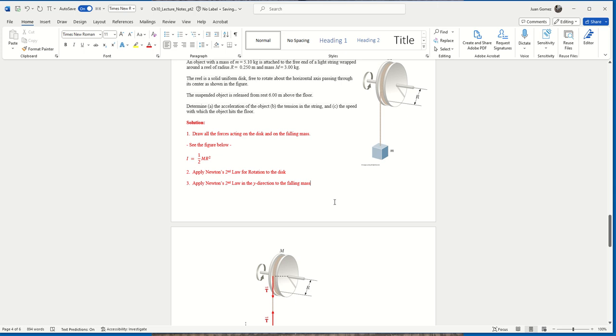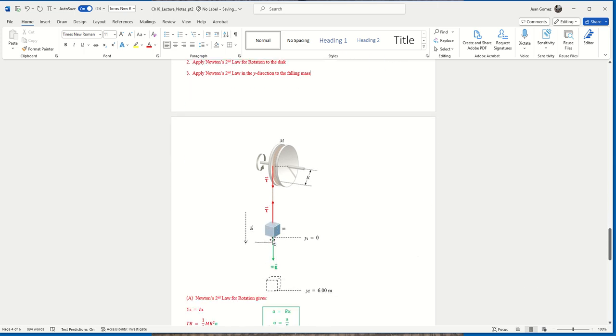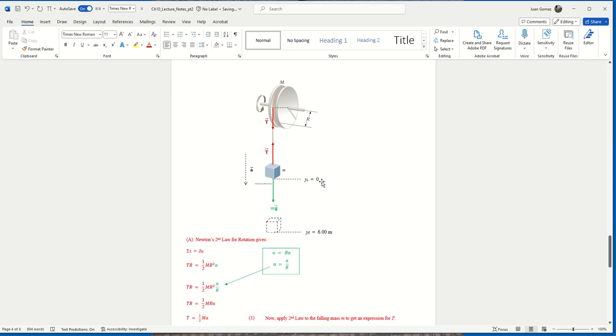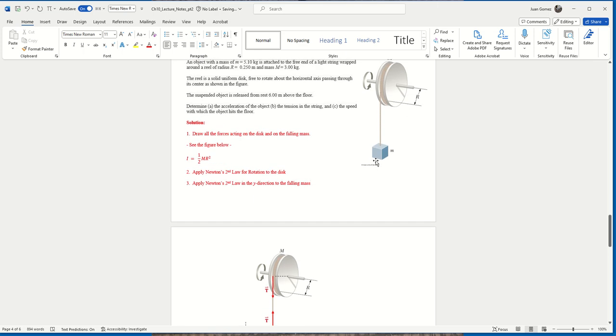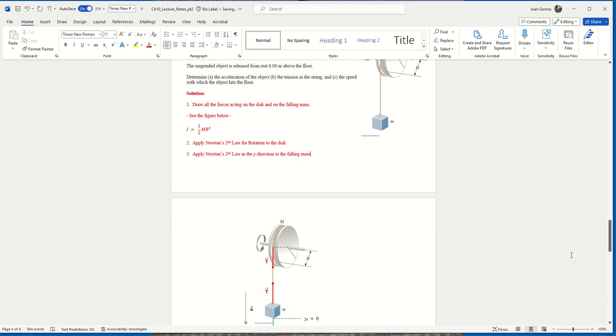Let me go ahead and draw all the forces acting on the disk and all the forces acting on the falling mass. Let me do the falling mass first. It's attached to a string, so there's going to be the tension force. Remember, it's away from the object along the string. That's going to be T. And there's its weight, mg, pulling it down.